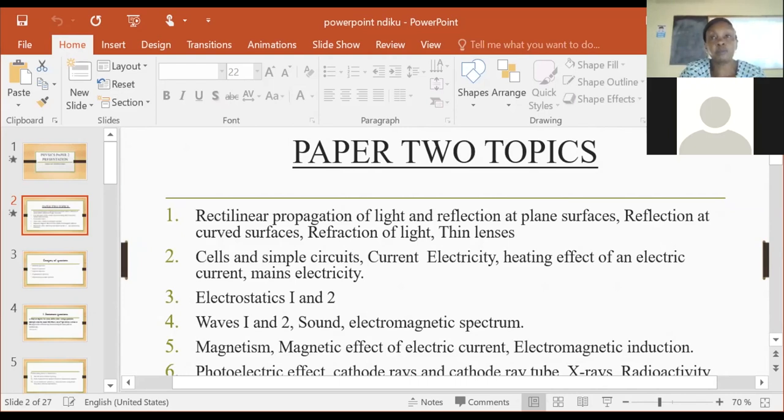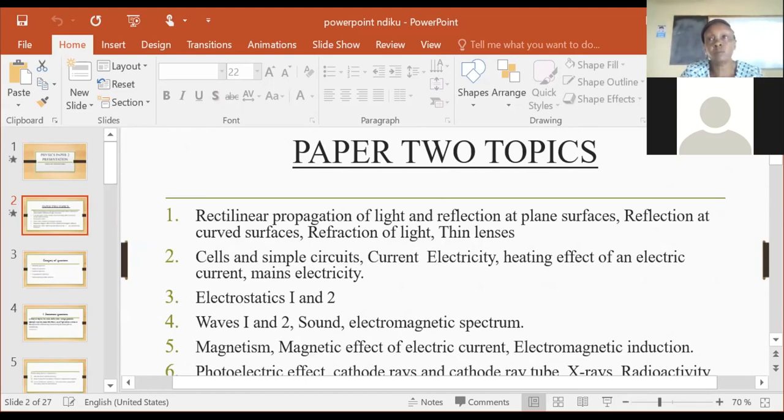We have waves 1 done in Form 2, waves 2 done in Form 3, sound Form 2, electromagnetic spectrum Form 4. Magnetism, magnetic effect of electric current, those are Form 2, and we have electromagnetic induction Form 4.